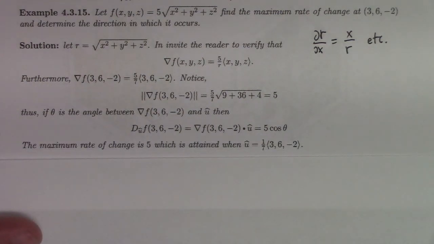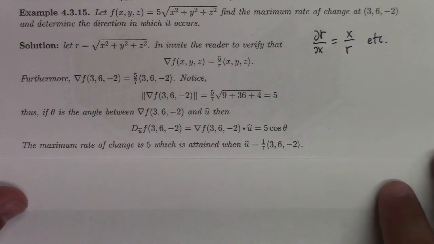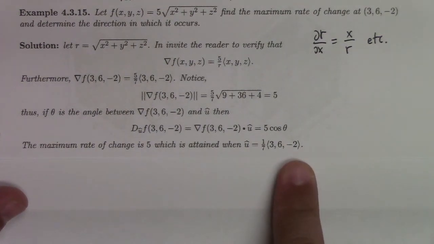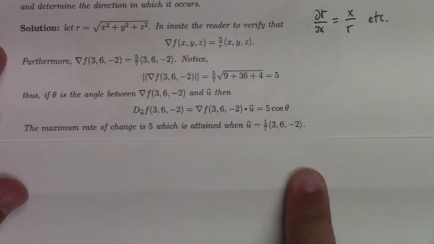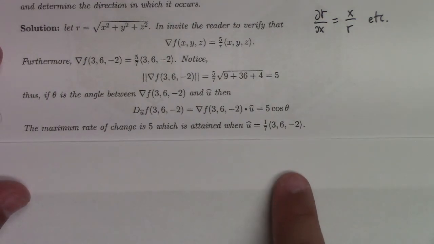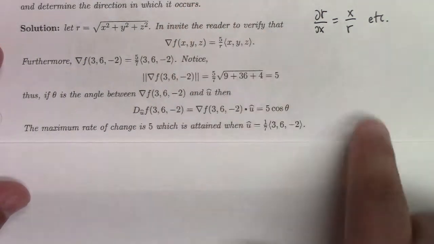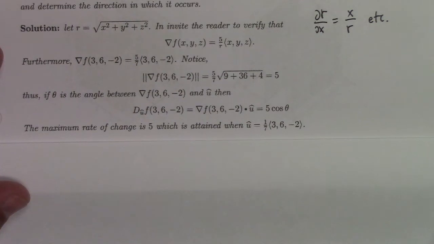So we just let u hat be (3, 6, -2) again, normalized. The reason for that, of course, is that the gradient points in the radial direction.